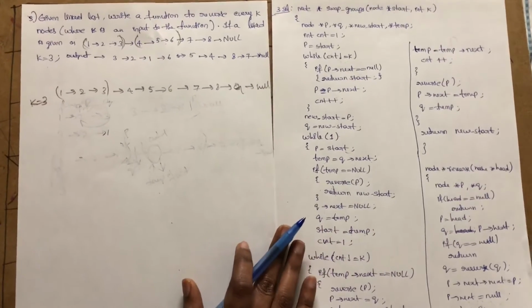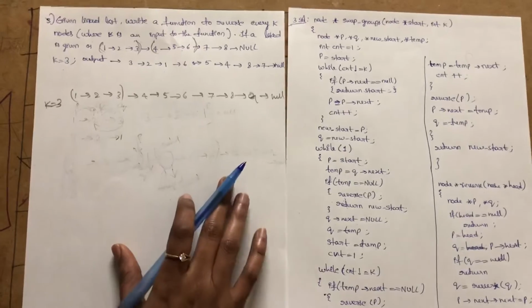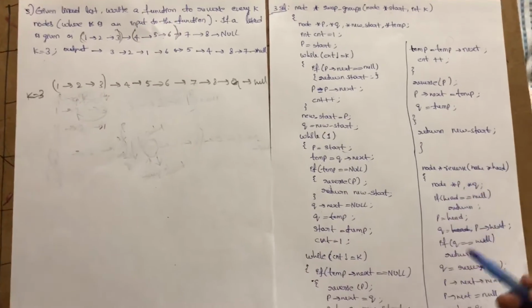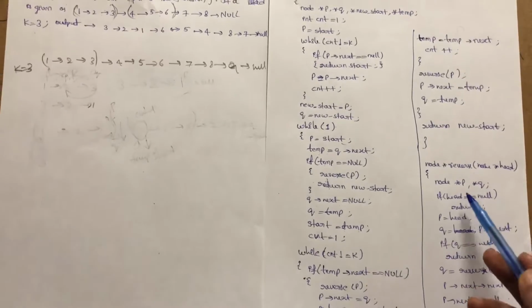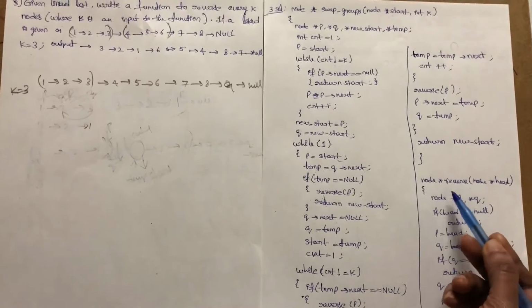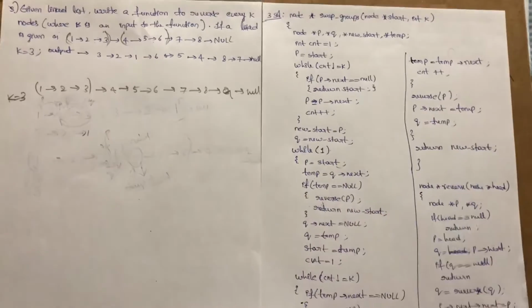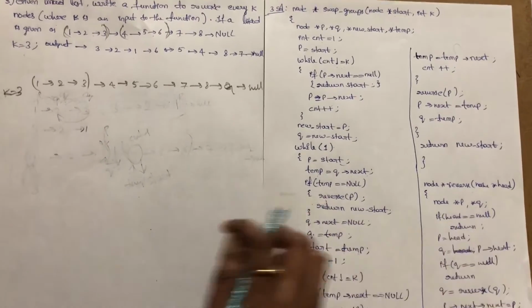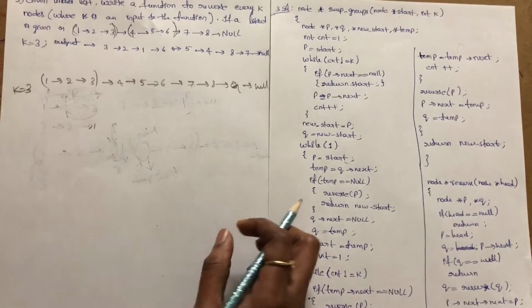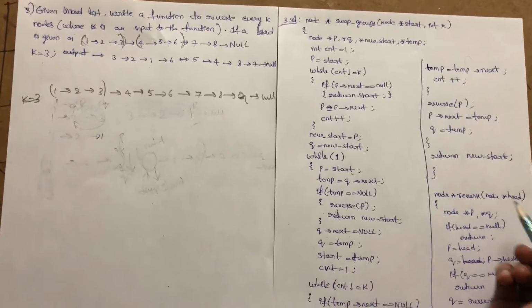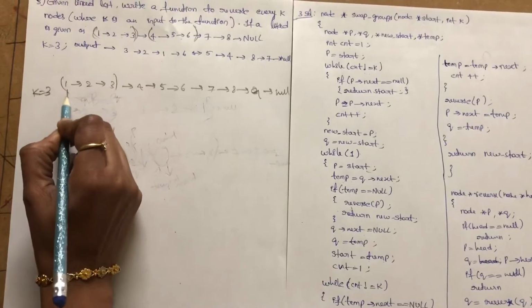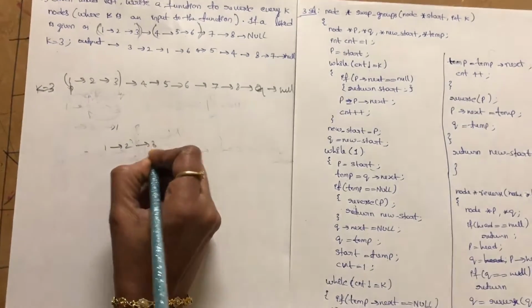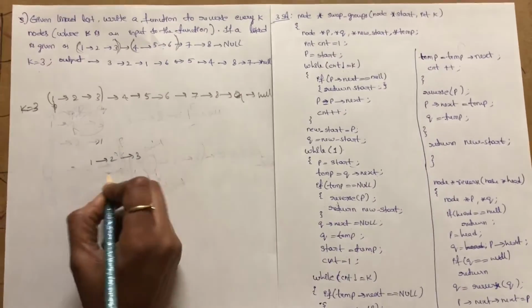What we are going to do here is first explain how to reverse a single linked list by using the reverse function that we have written. For the reversing we are going to take nodes P and Q, and we're going to take head as a parameter. For example, 1, 2, 3 is the single linked list.